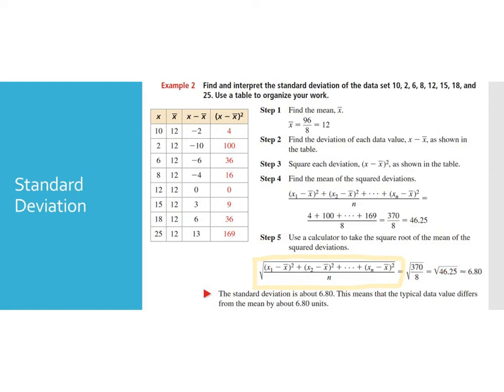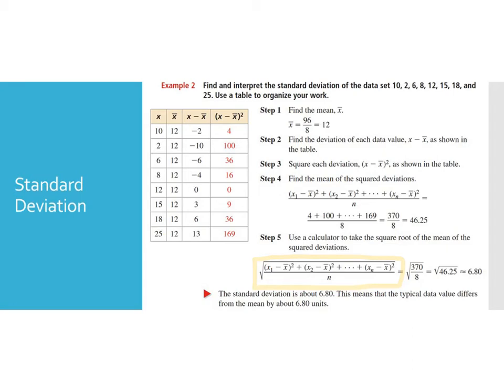You will usually be asked to interpret the standard deviation. This number tells you that the data typically differs from the mean by 6.8 units. On average, these data points are 6.8 units away from the mean.